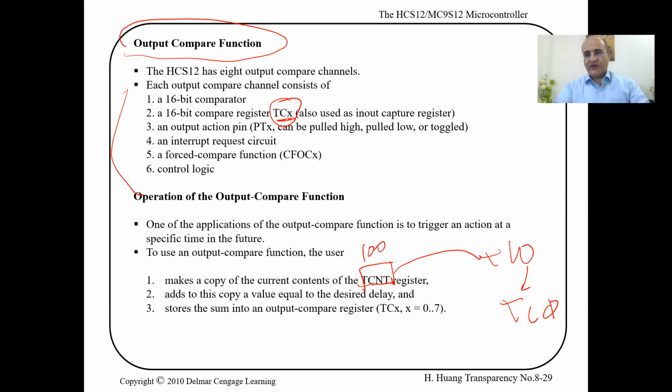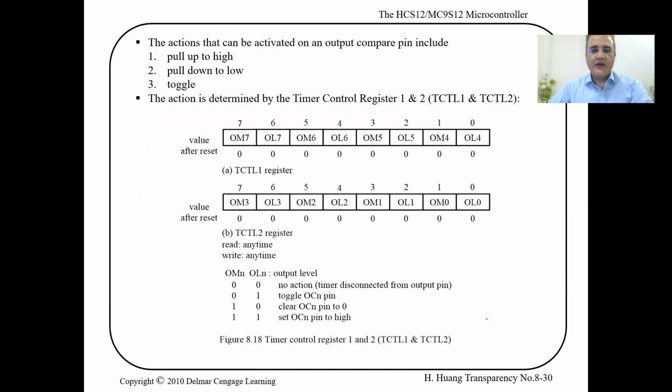It will count 100, 101, 102, 103, and when it becomes 110, it will be equal to the TC0 match. Then a compare function or a trigger will be generated on the pin: a rising, falling, or flip.